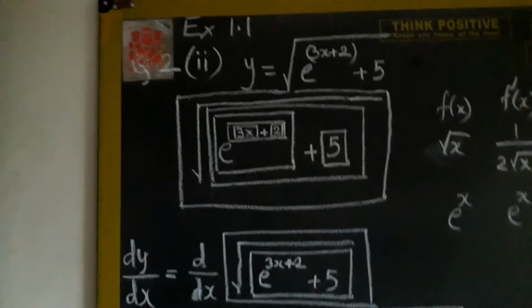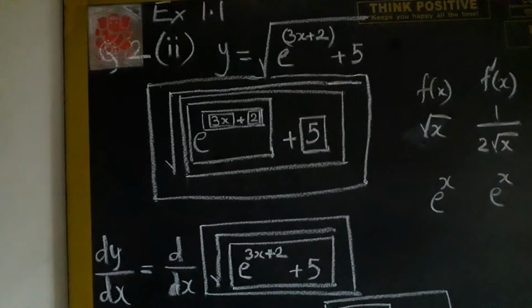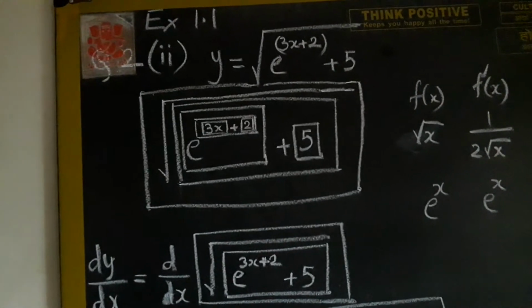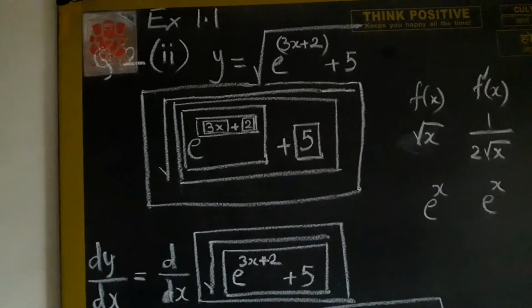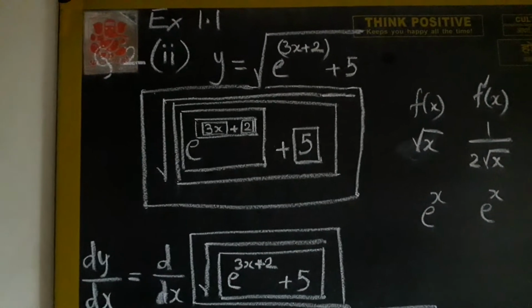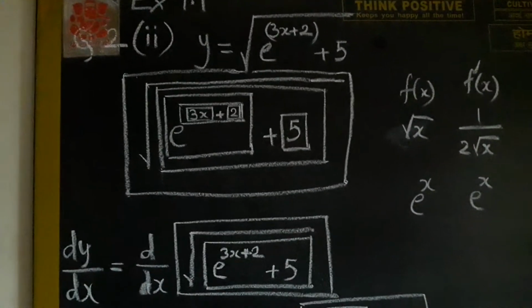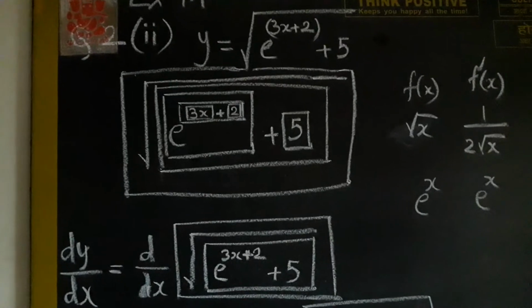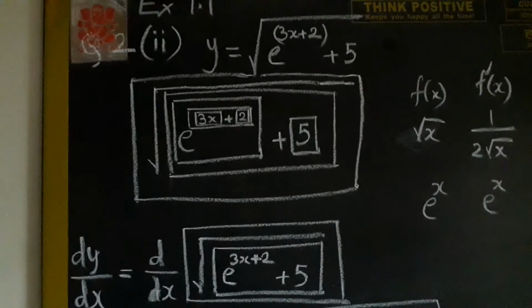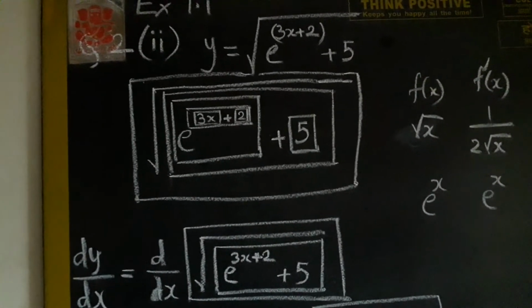So do you get it, that when we say square root of, the meaning of "of" is that it is a composite function, or a mixed function, we can say. So the moment I read "of" it means composite, so we have to think of the boxes.